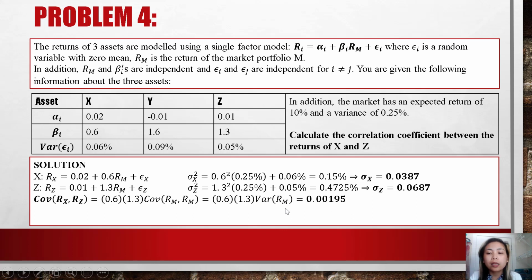Here variance of Rm is 0.25% from the question. So now we have covariance between x and z. We got sigma x, we got sigma z, so we can go ahead and calculate the correlation coefficient. Rho xz is equal to covariance between x and z over sigma x sigma z, which is 0.73.